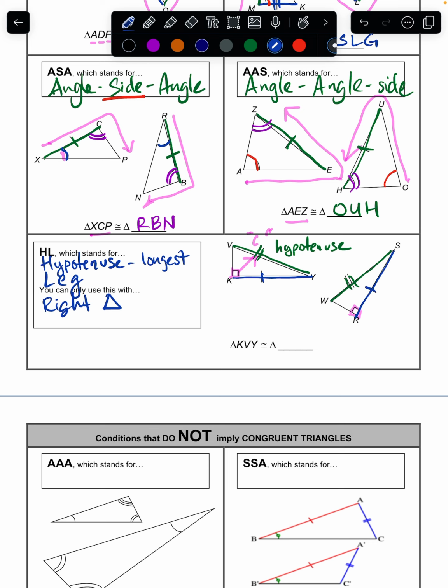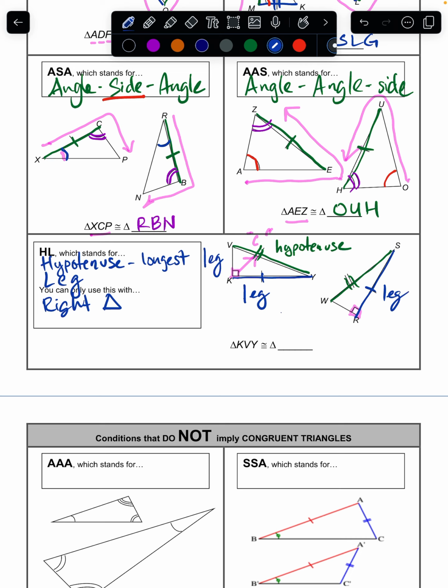So these sides must be congruent. This is a leg. This is also another leg right here. VK is also another leg. But we only know that KY is congruent to its corresponding side RS. Those legs are congruent. Okay.